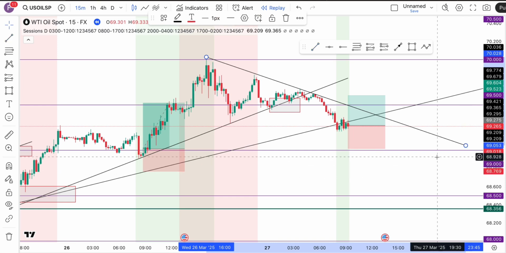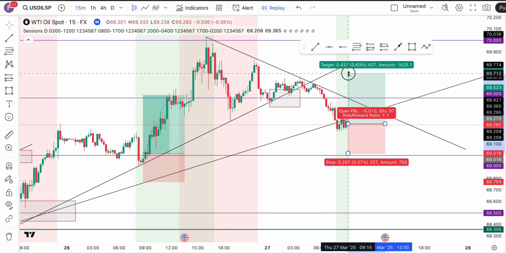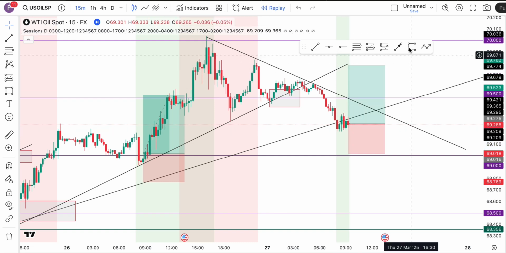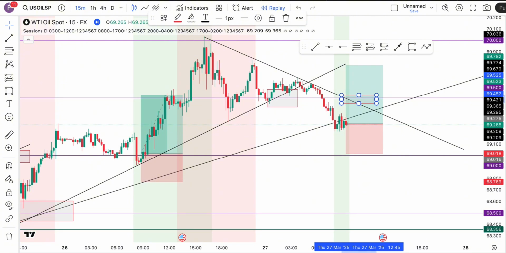Okay, now this is tough. But my decision will still be to buy here. But if I see some price action around this side, I will run away. Especially if I see an M pattern, I'll run away. But let's see what price does.